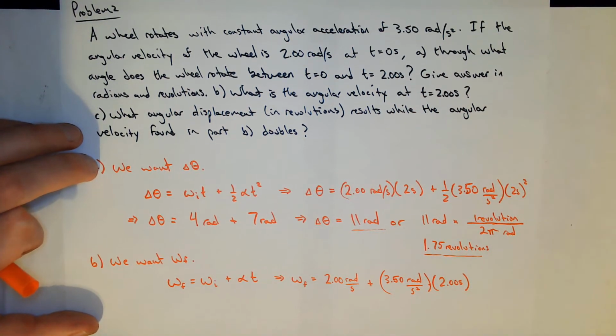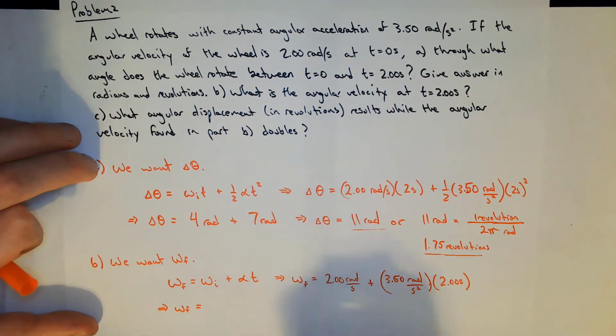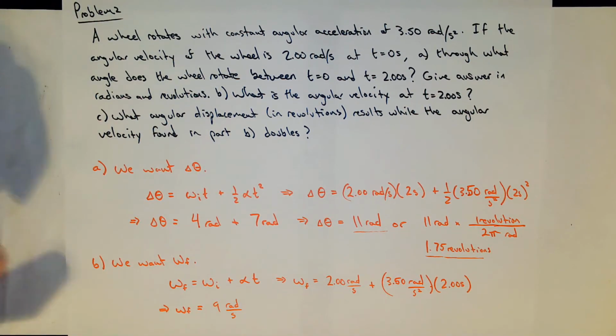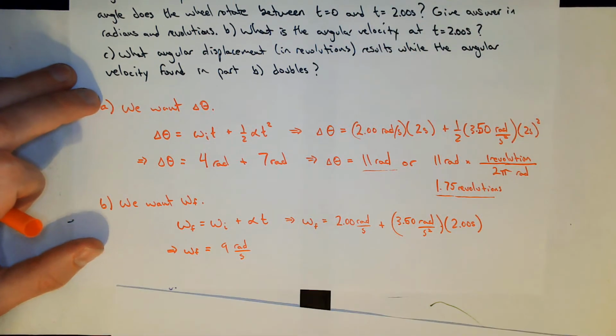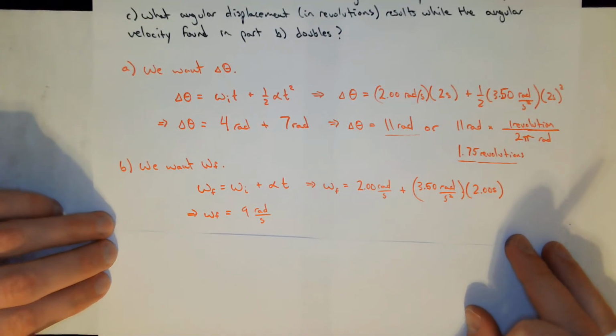I guess I could have just written 2, whatever. And I'm getting that omega final is equal to 2 plus 7, 9 radians per second. Nice. Nice clean use of these kinematic equations here.